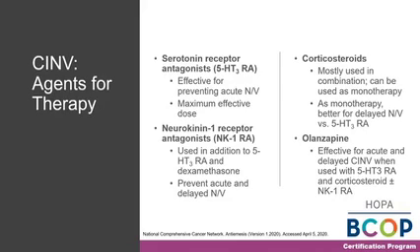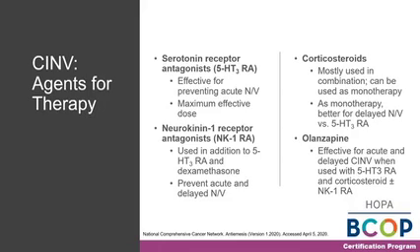The next drug class that we have at our disposal are the neurokinin-1 receptor antagonists, or NK1-RAs. These agents inhibit substance P, or neurokinin-1 receptors, in the CNS. These are typically used in addition to a serotonin antagonist and dexamethasone for the prevention of acute as well as delayed chemotherapy-induced nausea and vomiting.